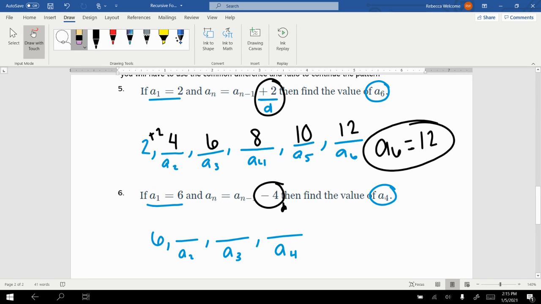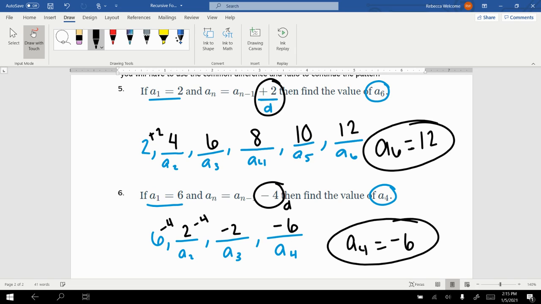So you're going to have to subtract 4 every single time to find the next one. So 6 minus 4 is 2, minus 4 is negative 2, and then minus 4 is negative 6. So A sub 4 is negative 6. Those are pretty easy because you just continue adding or subtracting. So not too hard.